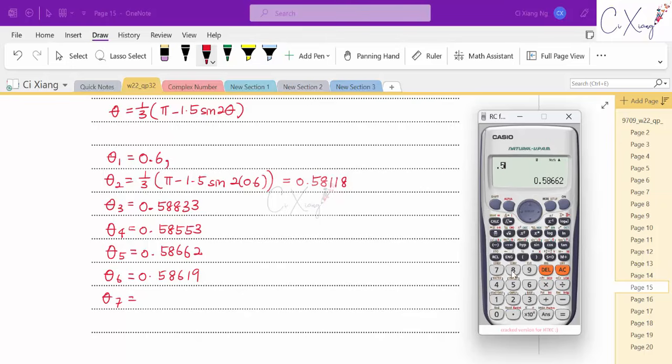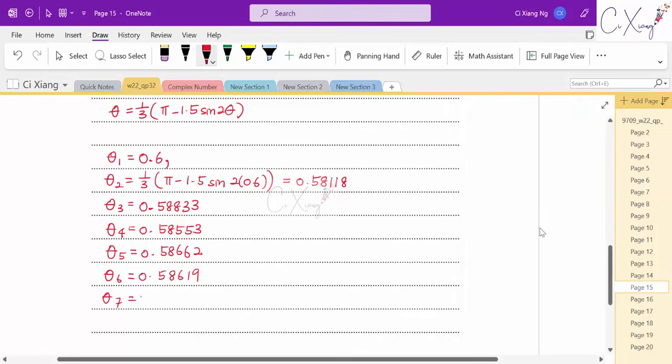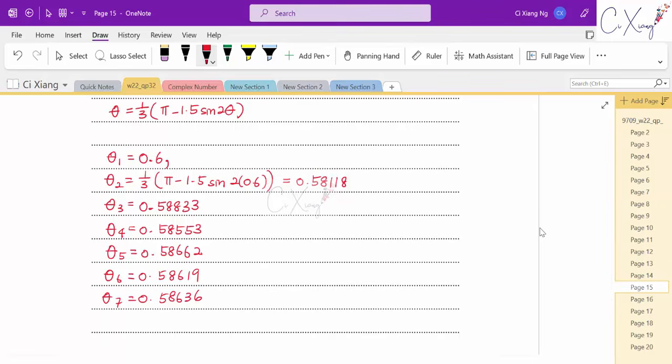With 0.58619, it will become 0.58636. If you double check these two values here for 3 decimal places, they are actually both 0.586.